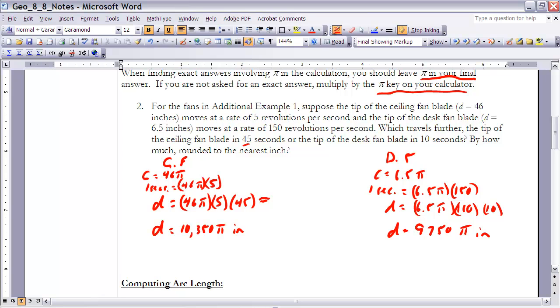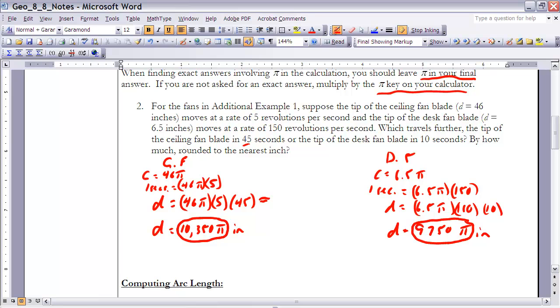Okay, so now the question was, by how much rounded to the nearest inch? So how much further is it traveling? So we can say it's the ceiling fan that travels further, but now I need to subtract these. So I have this 10,350 pi and 9,750 pi. If I take the difference between those two, and then at that point, that's when I would go ahead and multiply by pi. So let's do that.